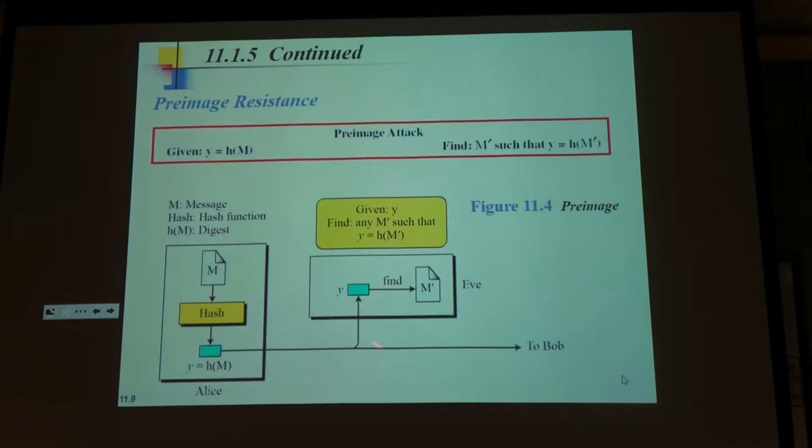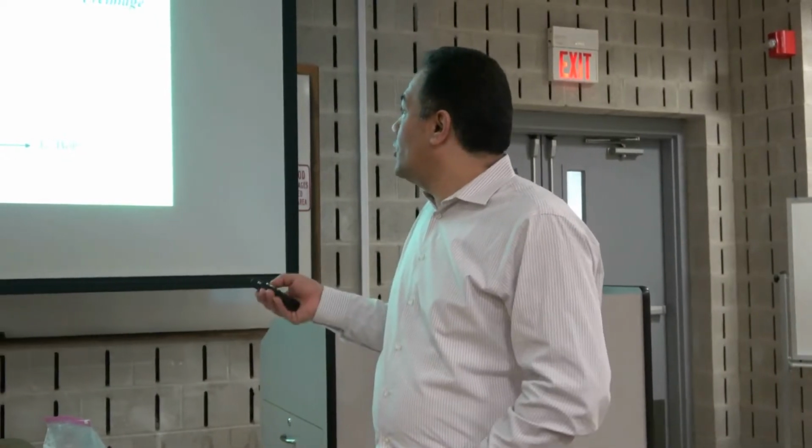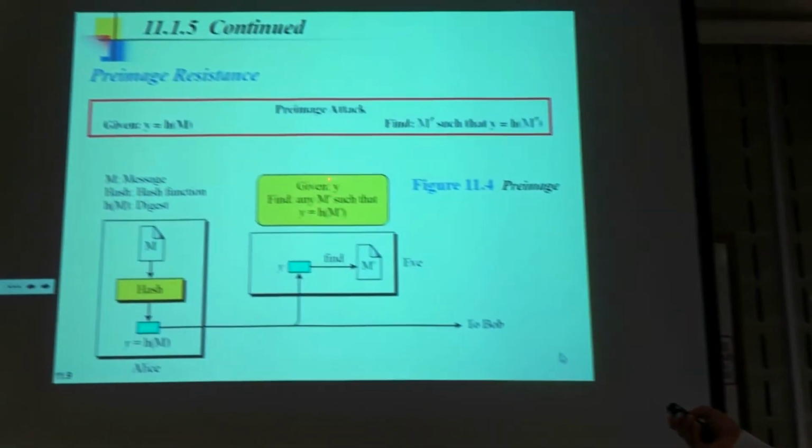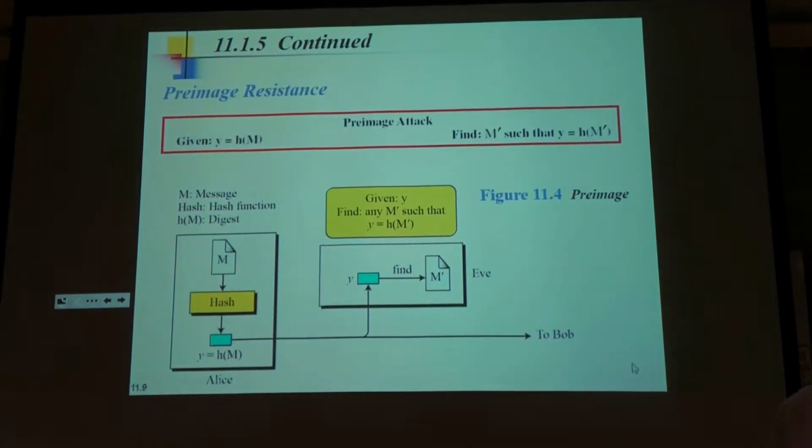If she can get another message that produces the same hash, she could send the wrong message to Bob, and Bob will calculate the hash again. What's the value of the hash? Y, which is a correct hash, but the message is wrong. So the preimage is a problem: given y, find any m prime such that y equals hash of m prime. That will be a problem and Eve will win. So that's a preimage.